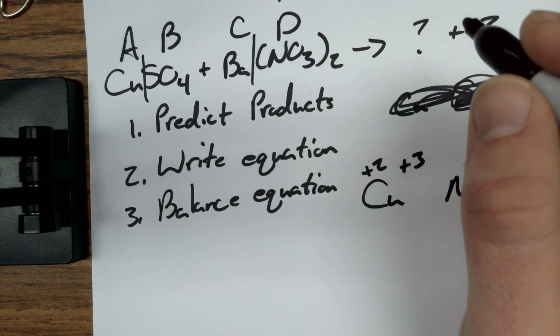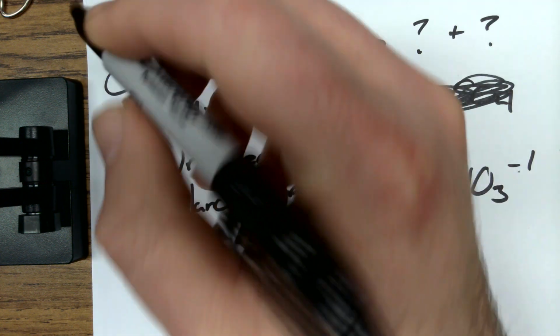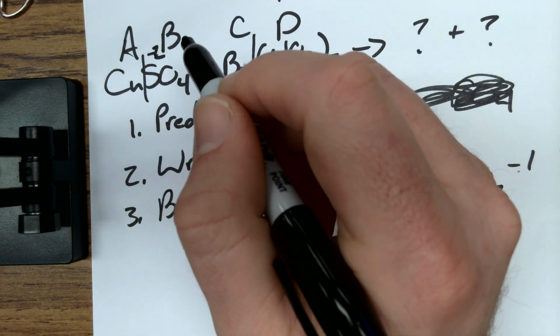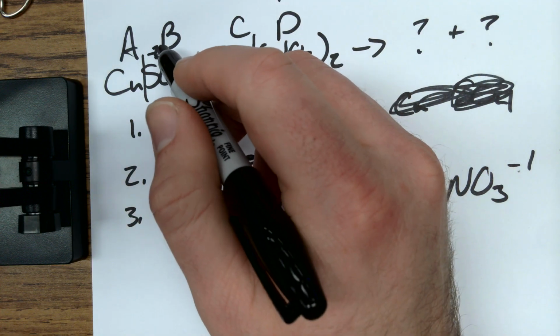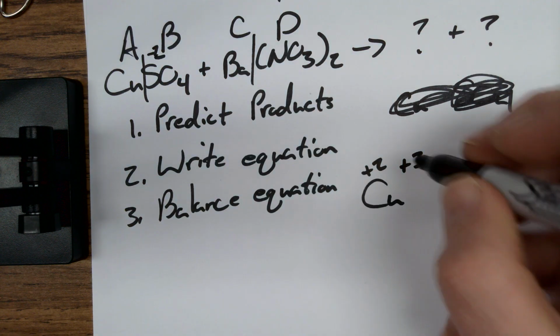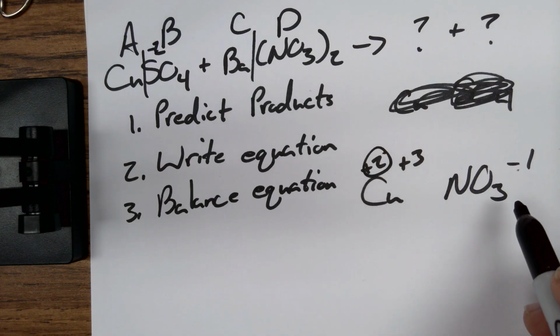Not -3. -2. I have 1 copper. Which version of copper cancels out the -2? Is it the +2 or the +3? +2. So I'm working with copper 2 sulfate.